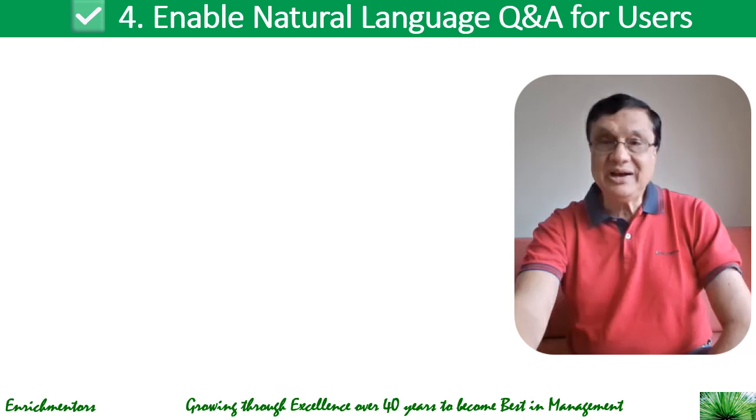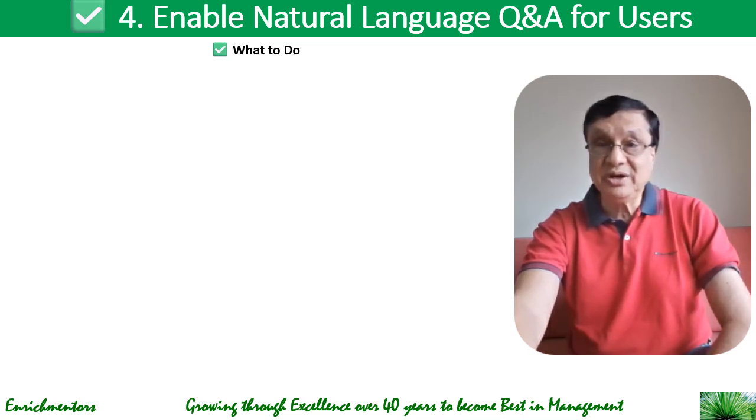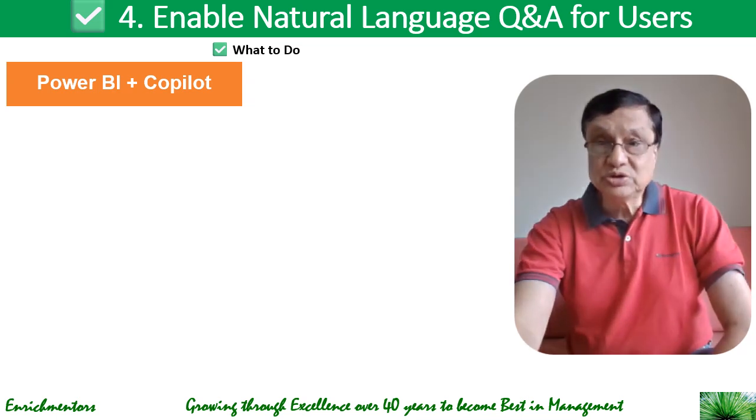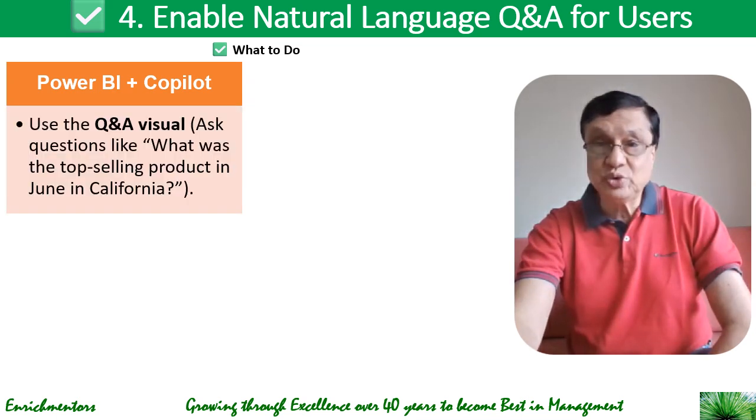Then enable natural language Q&A for users, because your purpose is for everyone to be able to use these dashboards. So what you need to do there is to enable self-serve queries in plain language. In Power BI, you can use the Q&A visual, and ask questions like what was the top selling product in June in California?